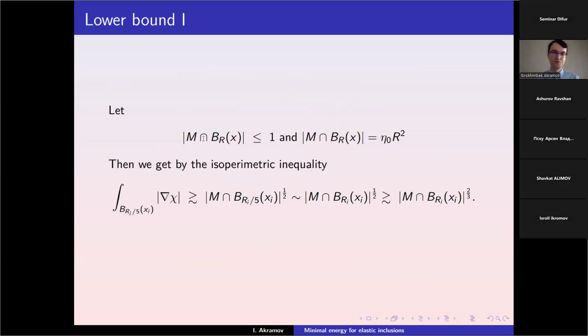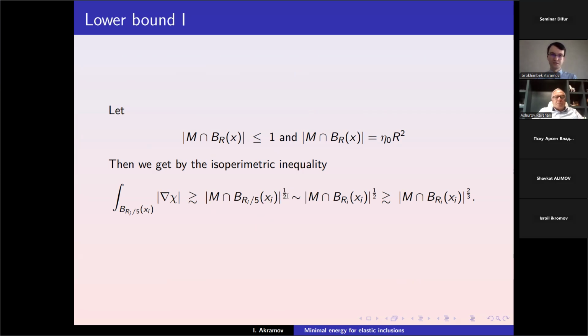Let's say mu, now we look at the first case, which is m intersection with BR is smaller than 1, and mu intersection with BRX is equal to nu 0 r squared. For this case, by the use of the isoperimetric inequality, the perimeter on this ball is smaller than m intersection with BRI.